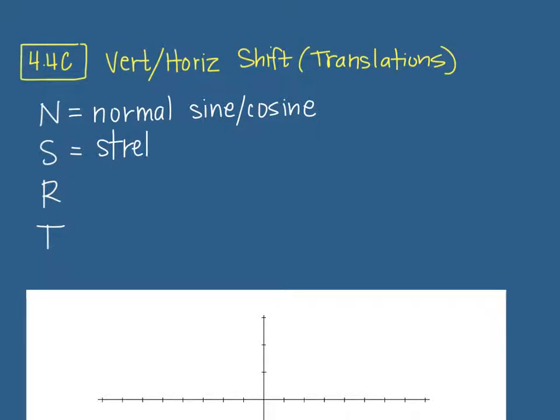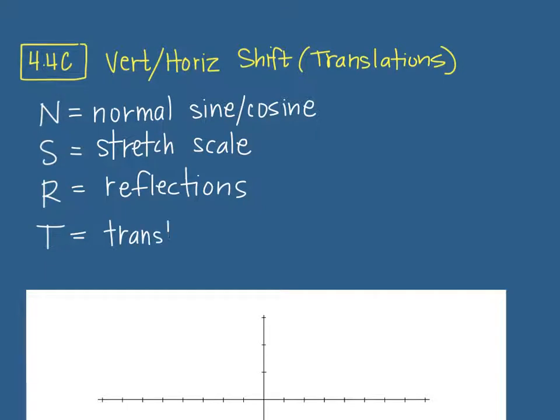And so we learned how to stretch the scale. And we adjusted our scale. If we had to adjust our y-axis or our x-axis, we learned how to do that and how to label. Kind of at the same time, we talked about reflections and how the negative flips it upside down. So NSRT. The last thing you would address is a translation, either up or down or side to side.